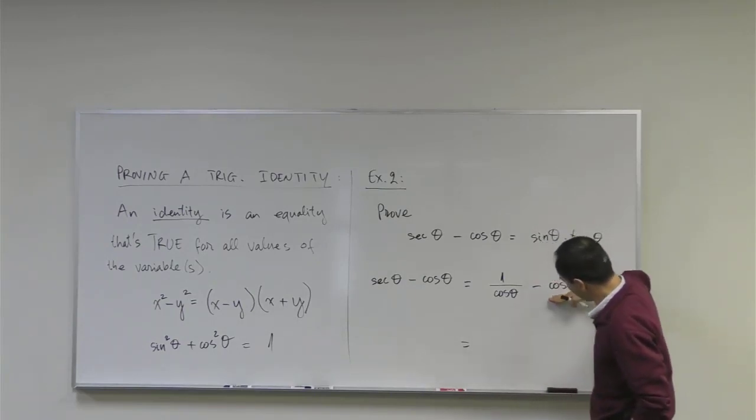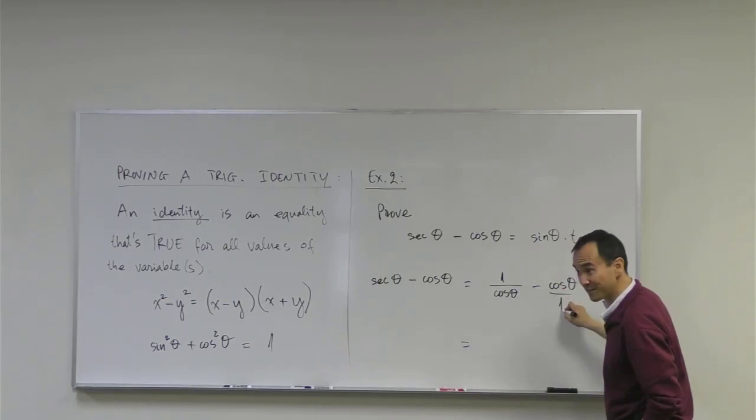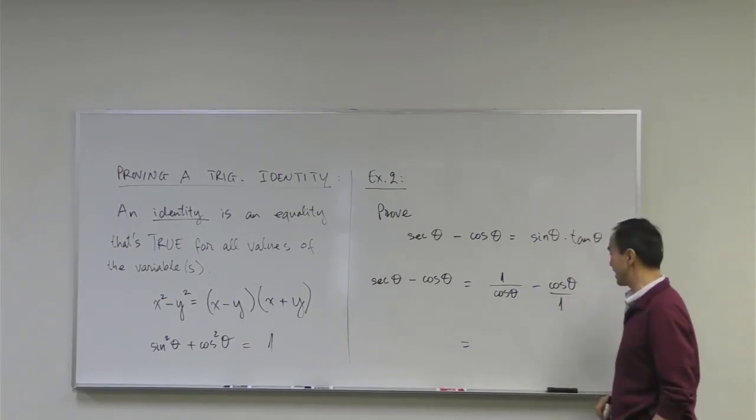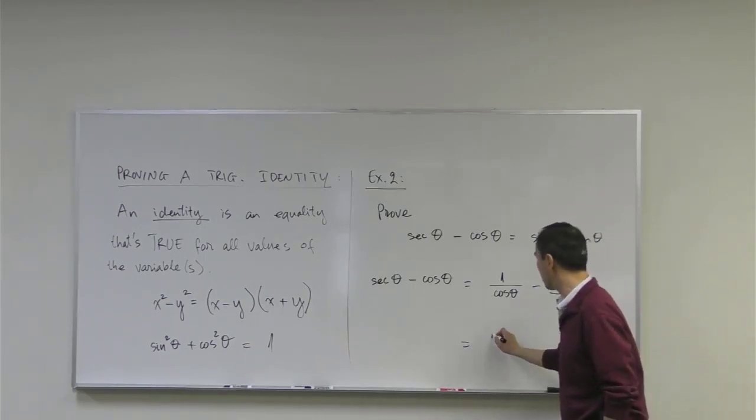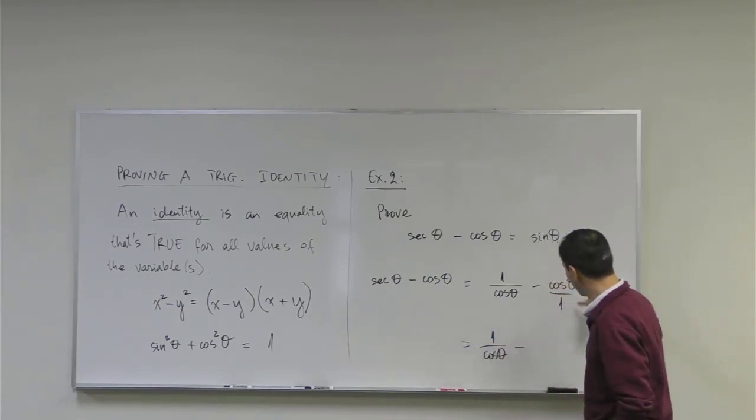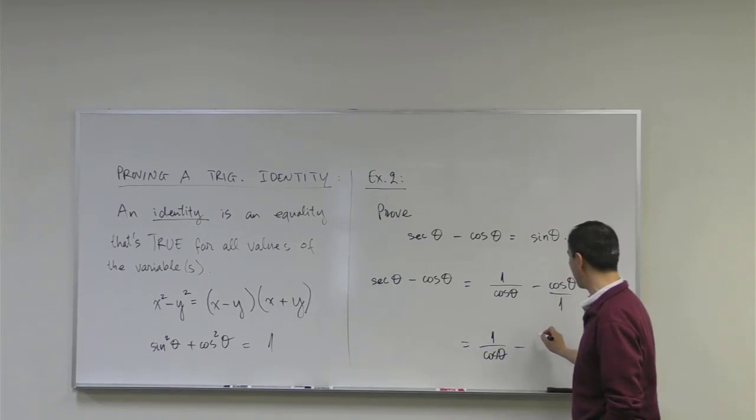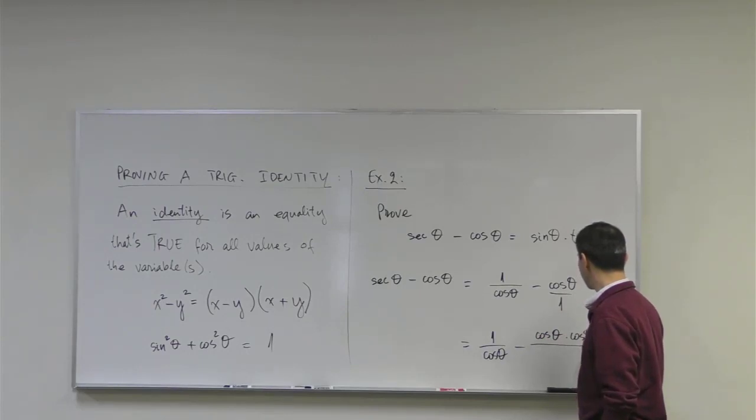This cosine of theta is the same as cosine theta over 1, a quick algebra step. I can keep the first term as 1 over cosine theta, but for the minus term, I'm going to multiply top and bottom by cosine theta, giving cosine theta times cosine theta, over cosine theta. I made a common denominator.